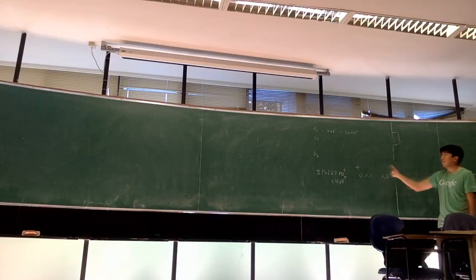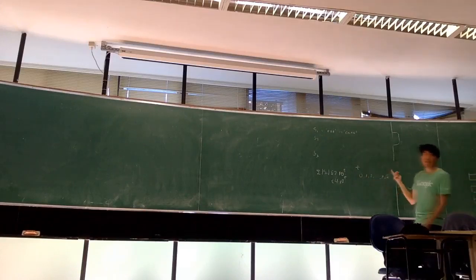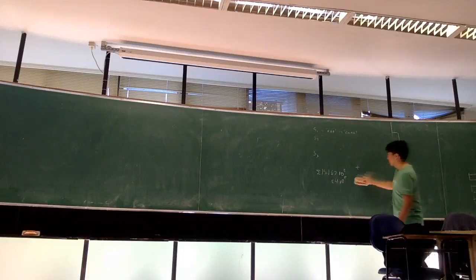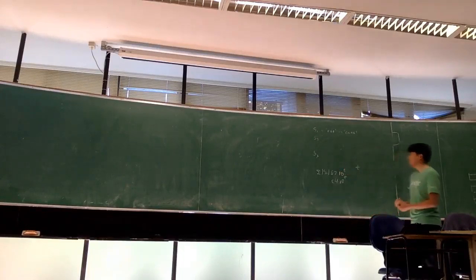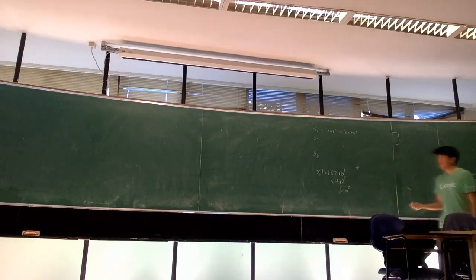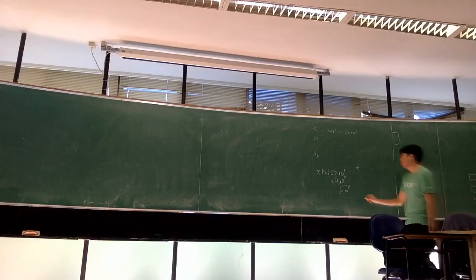Because this would add up to more than n. So we have at most this many different lengths at all times, which is approximately something.